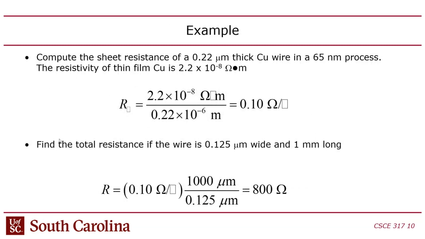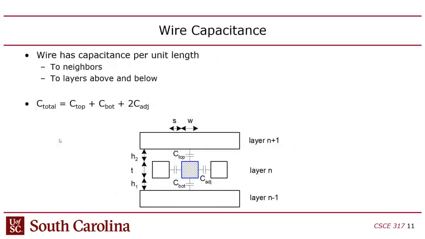But the point is that copper has a lower bulk resistivity than aluminum. And so I have some examples here to calculate the sheet resistance of a wire where you're given the resistivity and the thickness. So you just take the resistivity and divide by the thickness to get the sheet resistance, and then you get the total resistance by multiplying the sheet resistance times the length divided by the width.